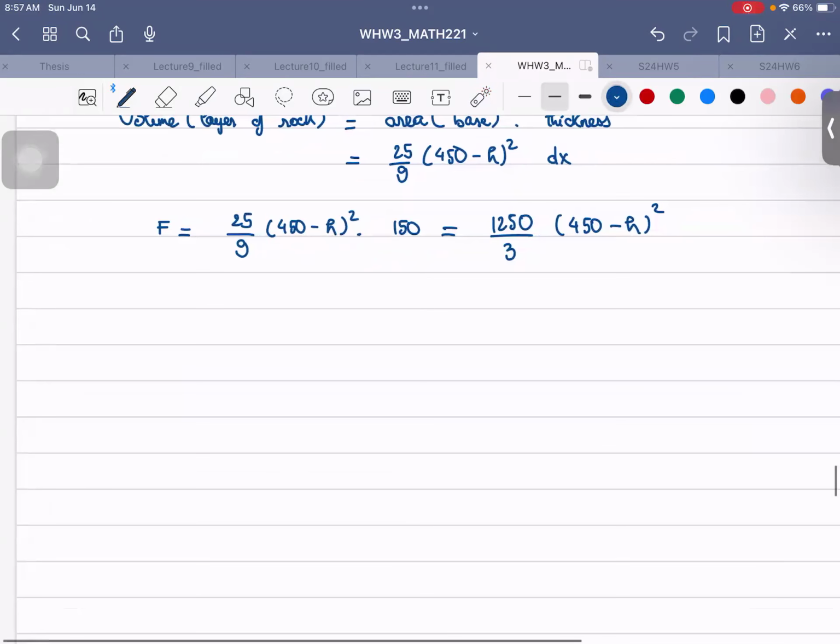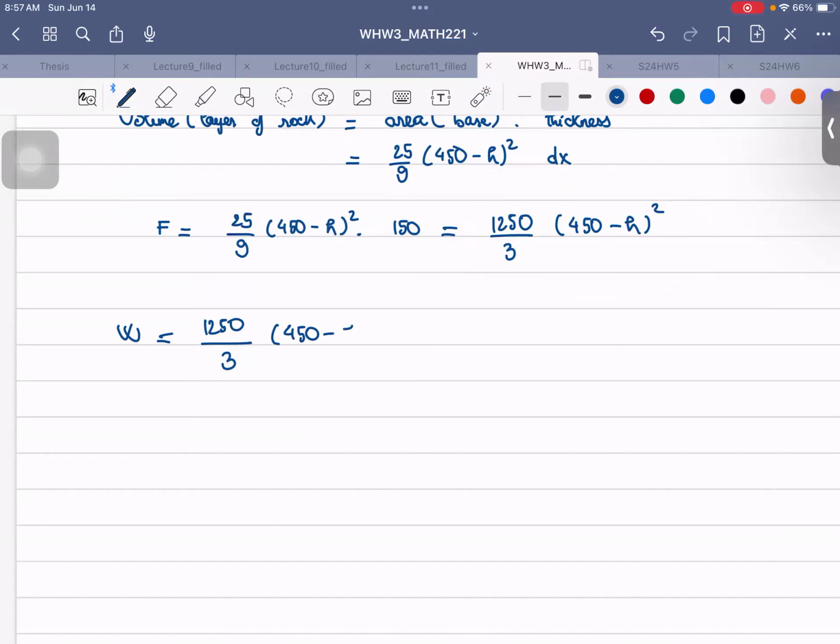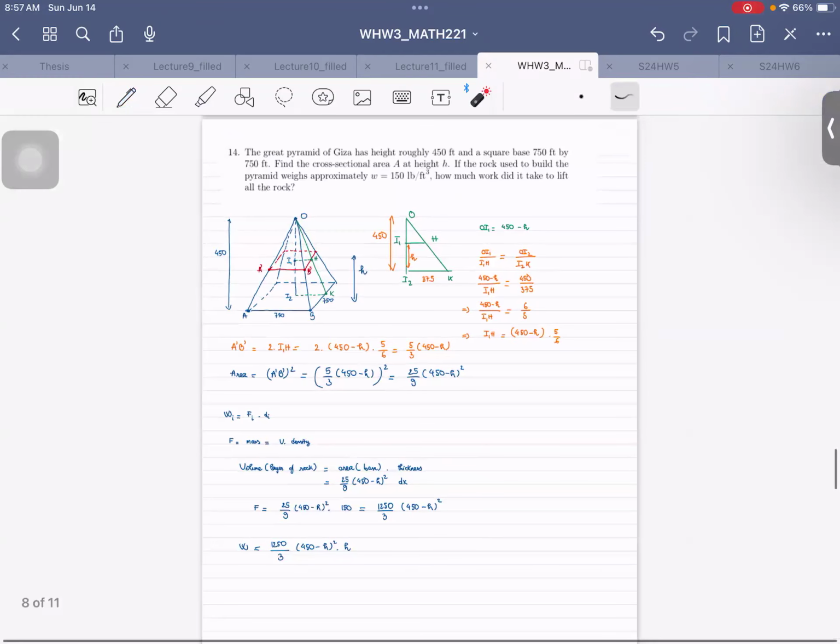So the work that you need to do is the force required to lift the rocks multiplied by the distance it had to travel. For the layer of the rock at position h, it just needs to travel h.